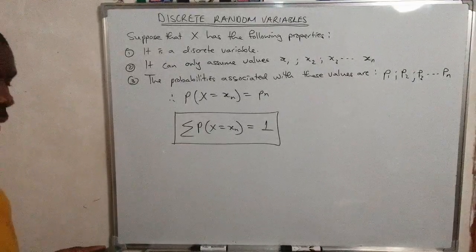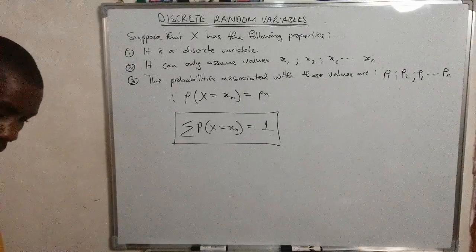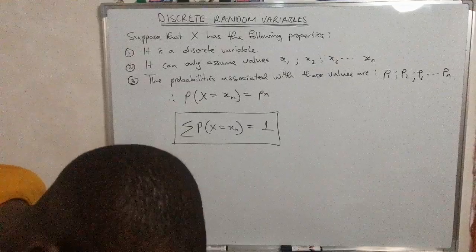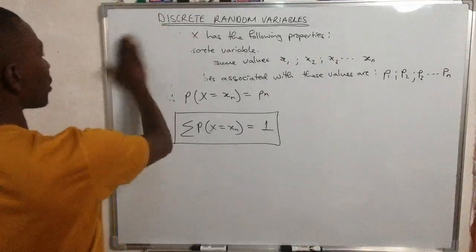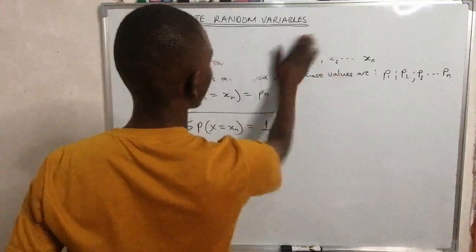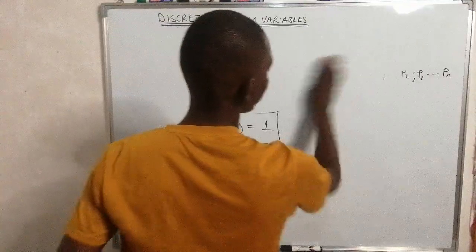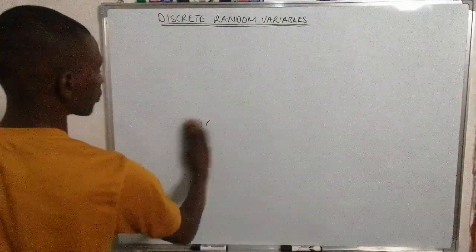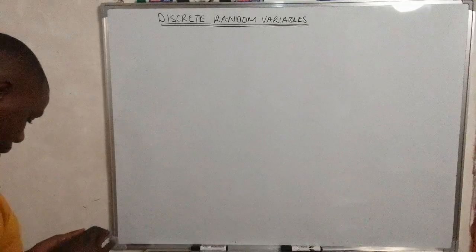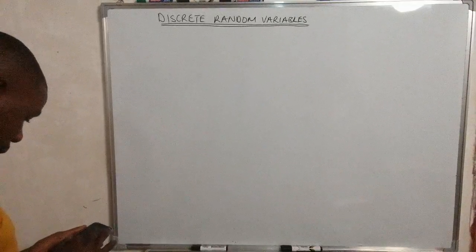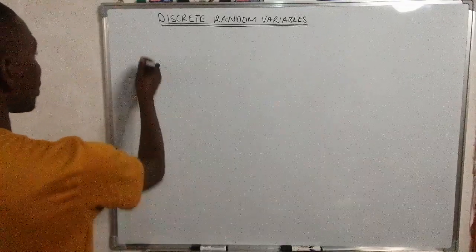So let's look at an example under discrete random variables. We want to use this formula. Example number one.